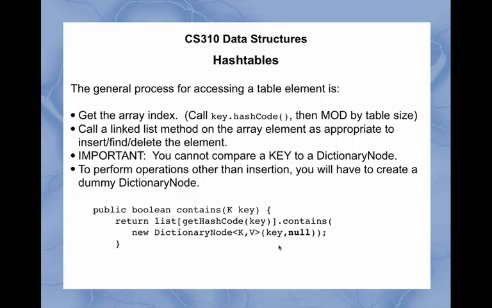There is no value involved here, so you pass in null. This null value is simply never used. Thus, when you compare two dictionary nodes, the key is used because that's what's in the compareTo method. The null is not used, but it has to be here as a dummy value so that you can actually create the dictionary node.